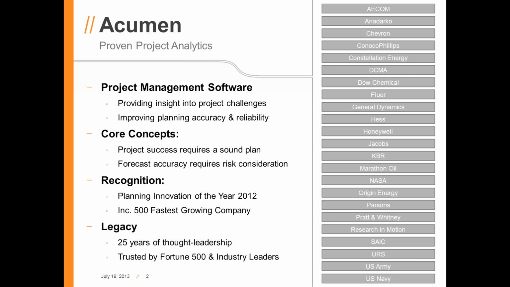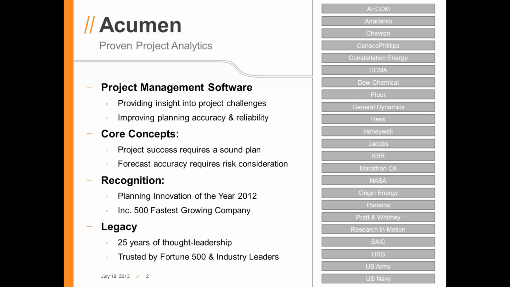First, let's talk a little bit more about Acumen as a company. Acumen truly believes in improving planning, accuracy, and reliability for a project plan. Analytics is practically our middle name. We want to know exactly what's going on in a plan so the project that the plan is for can be poised for a tremendous amount of success.